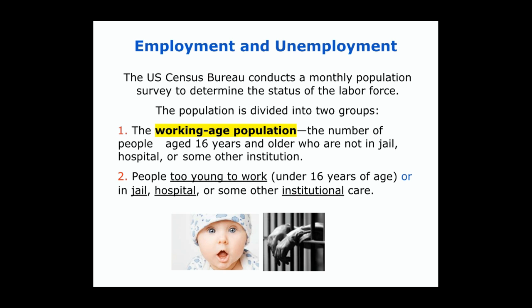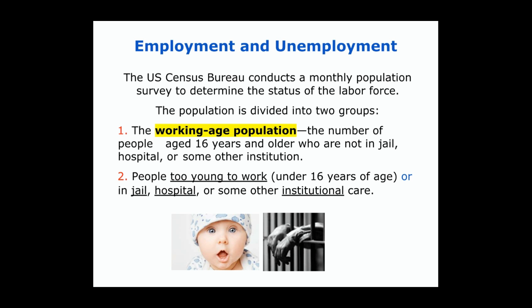Now, the first thing they do is take the total population, but we have to remove people who can't work, like babies, people under 16, people who are incarcerated. These are obviously people who can't work, so they're not really in the working age population because they're either in an institution of some sort or they're underage.